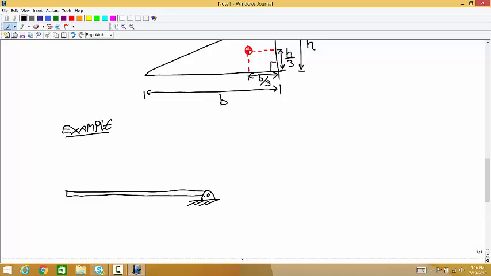So let's say we have a beam that's connected to the ground with a pin joint at the right end and a roller at the middle. Let's say this is 0.5 meters and this is 0.5 meters.